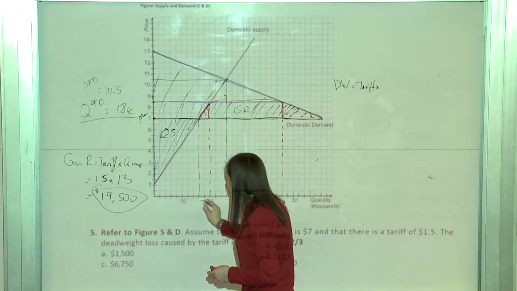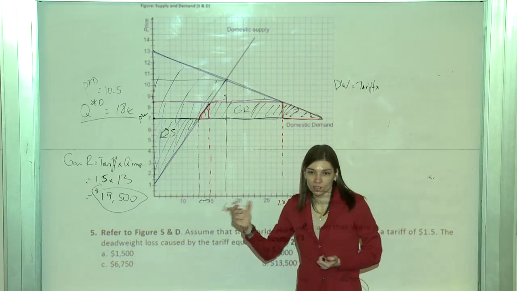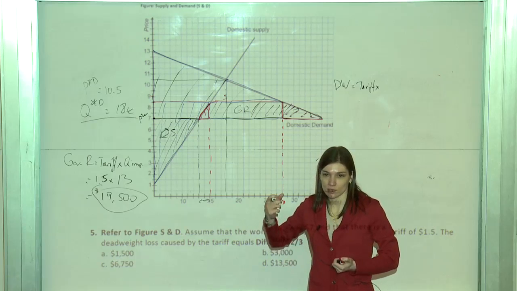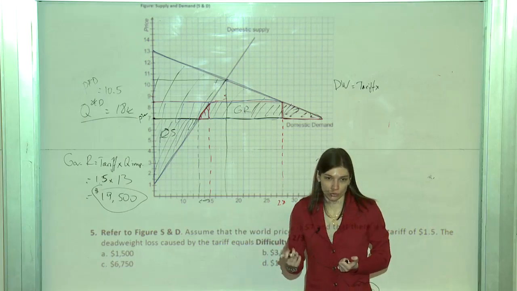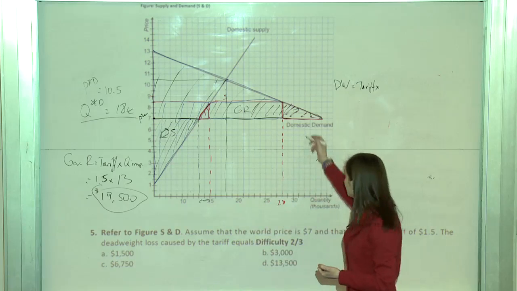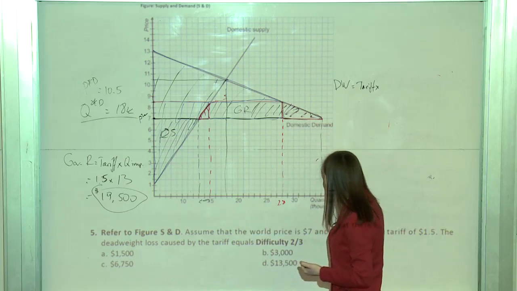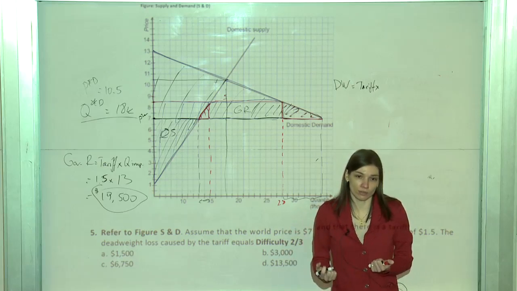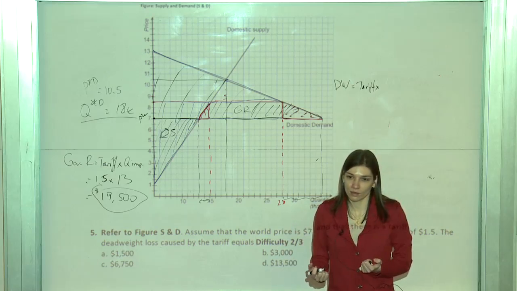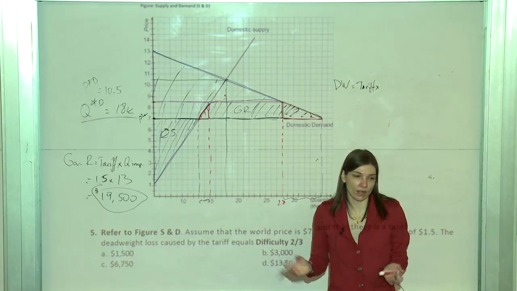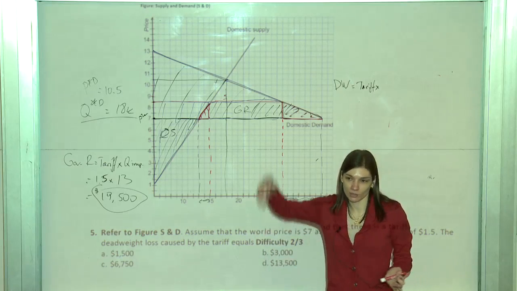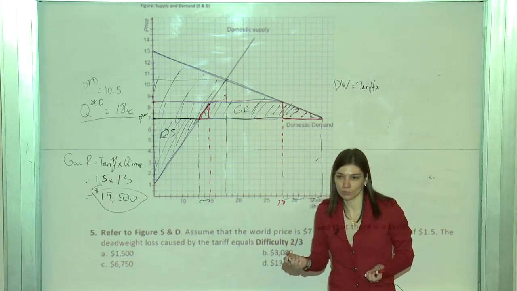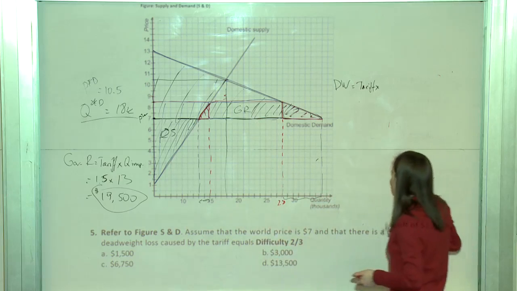It's basically this distance, which is the quantity supplied that we gained due to the tariff. And the same side for the other triangle would be the quantity demanded that we lost because of the tariff. So again, I'm going to put it as absolute value. It should always be positive, whether the price is above the domestic one or below.